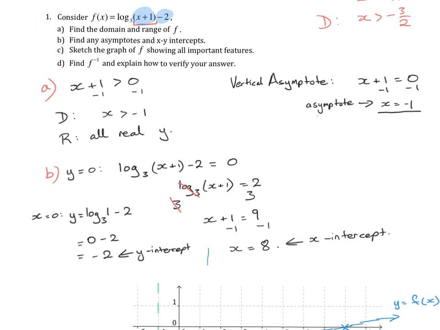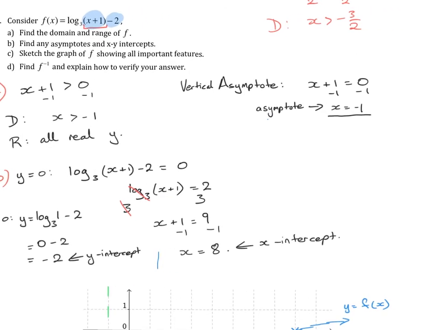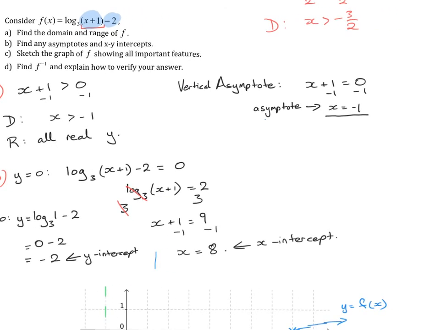Okay, find the inverse and explain how to verify your answer. Okay, so part D. To find the inverse, we swap the x and y, so it becomes x equals log base 3 of y plus 1, minus 2.